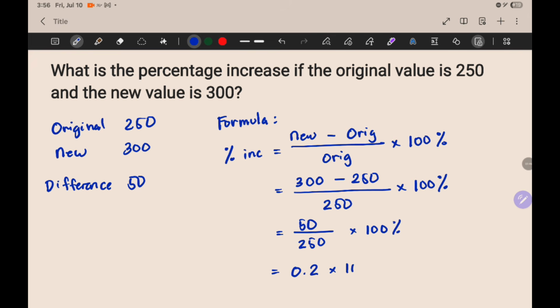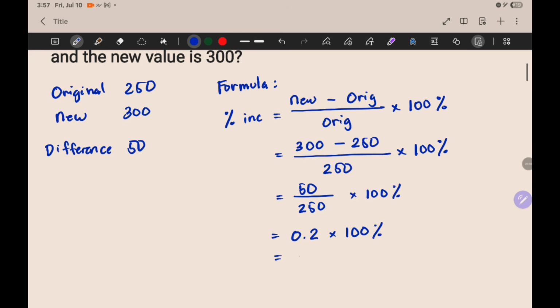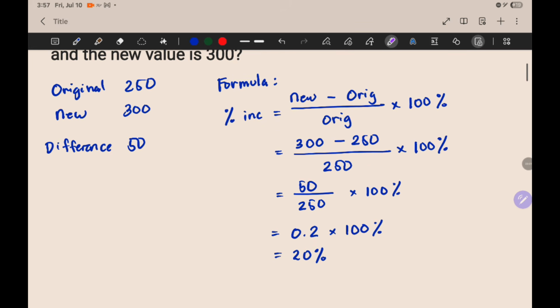Then we multiply it by 100%. So that is equal to 20%. Ibig sabihin, 20% yung ating percentage increase. Ayan, so ito na yung ating sagot.